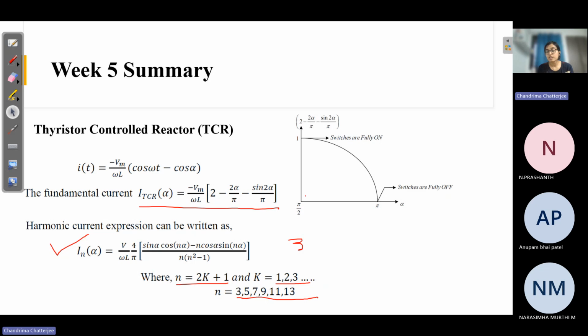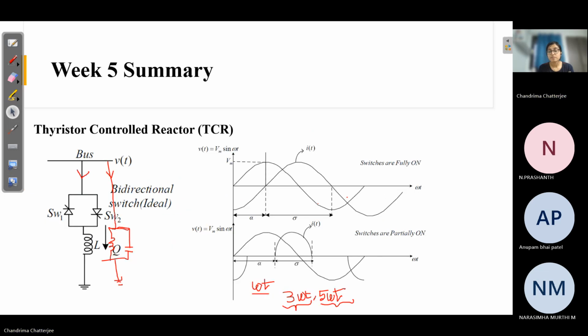And here there is one graph. Alpha basically varies from pi by 2 to pi. When alpha is pi by 2, you get the total current. And when alpha becomes pi, then the switches are completely off and you don't get any current at all. Okay. Alpha is measured from the zero crossing of the voltage; from this point onwards we measure alpha.